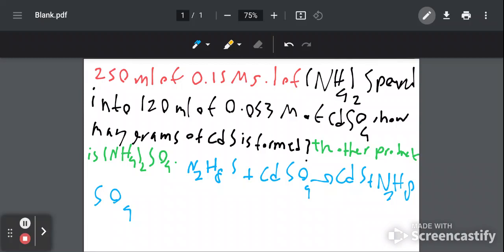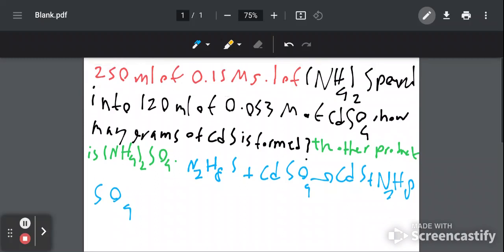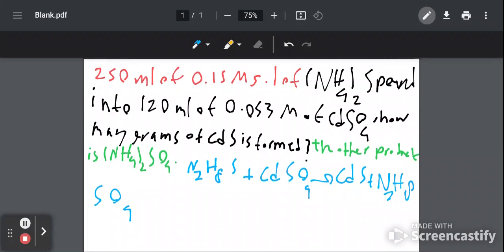But we're not given that. We're given two essential numbers: the volume of the solution and the molarity. Molarity is the number of moles over the volume, but the volume has to be in liters.